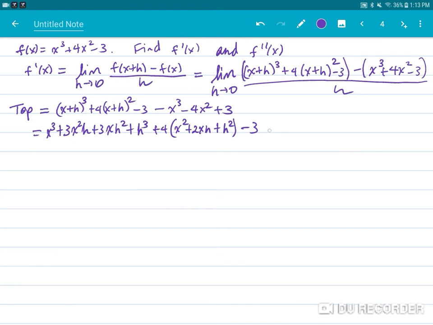Minus 3, minus x cubed, 4x squared, plus 3.